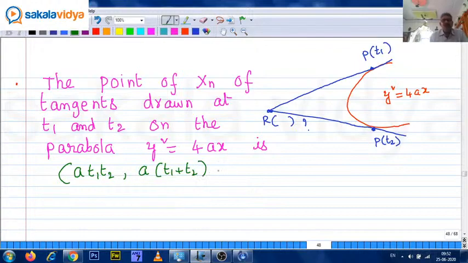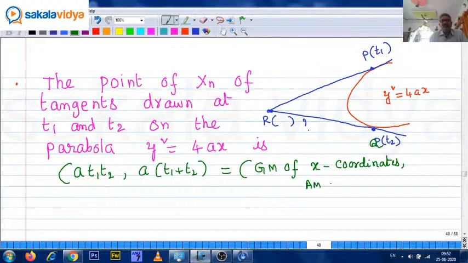So this can be remembered like this. Very simple. The x coordinate is the geometric mean of the x coordinates of P and Q. Say this point is Q. And next, the y coordinate is the arithmetic mean of the y coordinates.